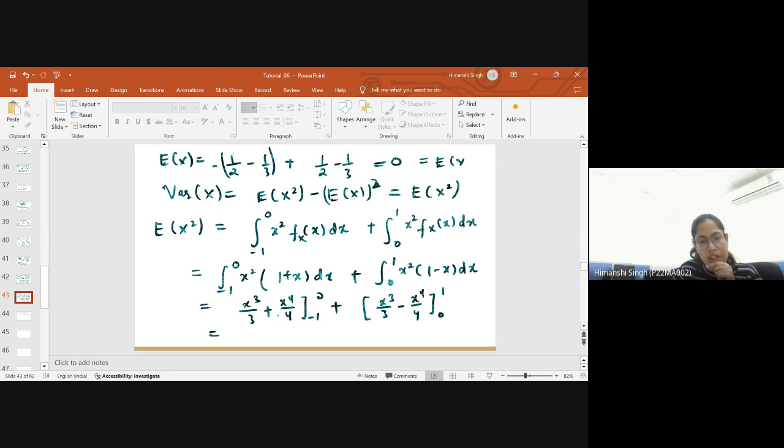So which can be calculated like this: it will be 0 for this, and this is the negative of minus 1 by 3 plus 1 by 4, plus 1 by 3 minus 1 by 4. So basically it will be added. So it will be 2 by 3 minus 2 by 4. So what will be the answer?